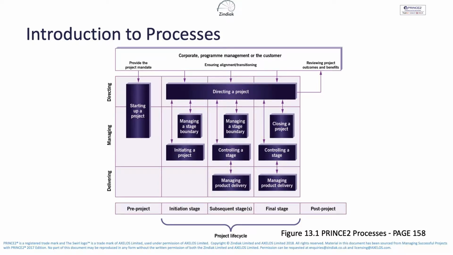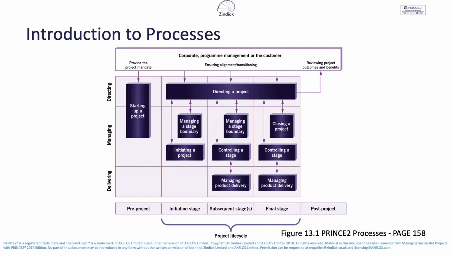Assuming it is desirable and achievable, we would then move into the initiation stage. So you can see there the decision to move in is coming from directing a project into initiating a stage. We then move into initiating a project. This is the first stage of every project, and this is where we spend time setting the project up. To a degree, we're repeating what we did in starting up a project, but going into more detail.